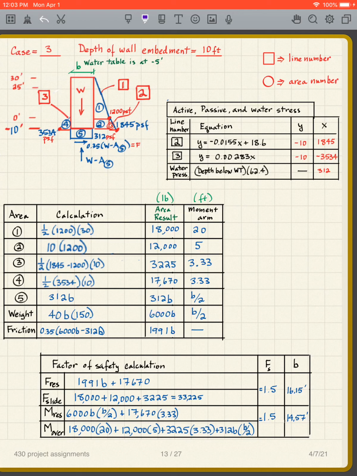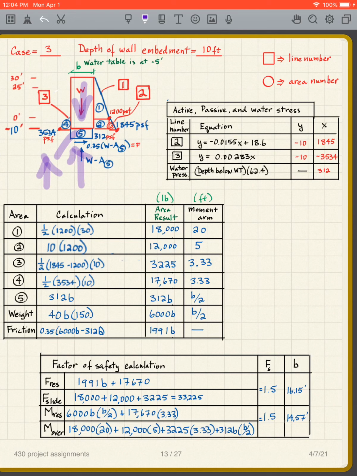Then the friction here, I have to figure out what this component is. In other words, I have to have vertical equilibrium right here. This is going down. This area points upward because it's water pressure going upward, and this is going upward.